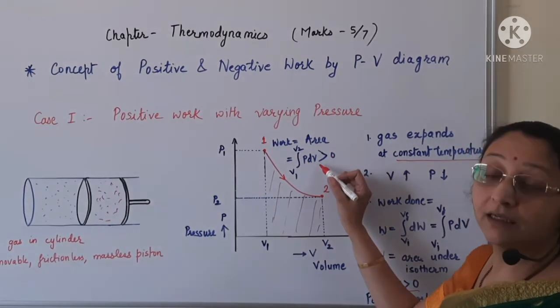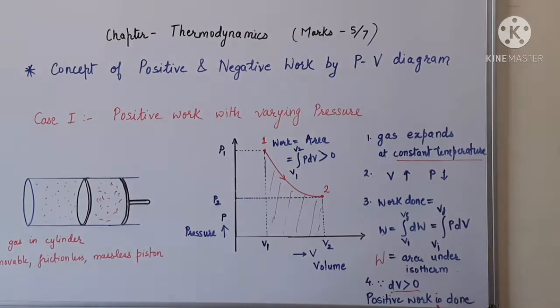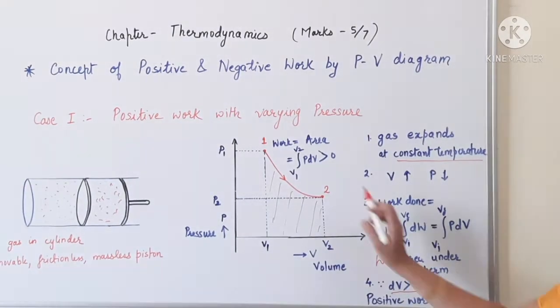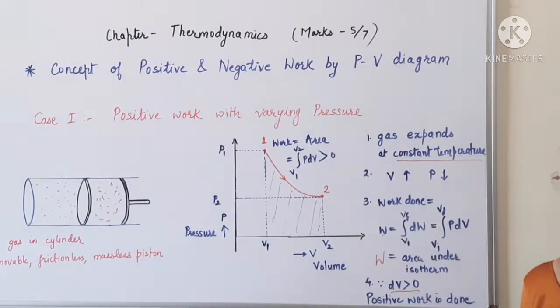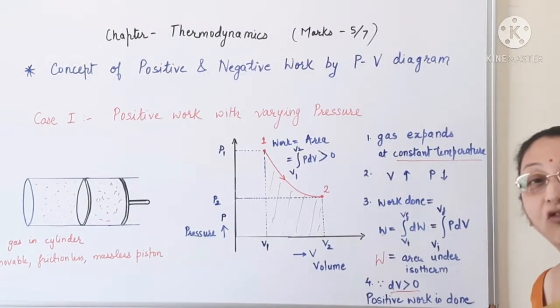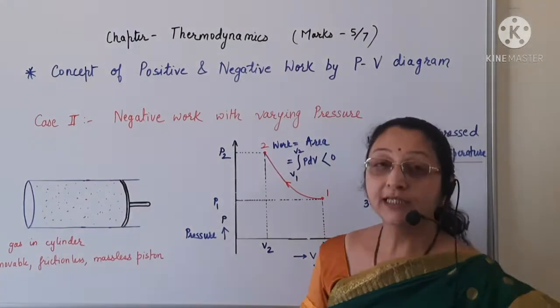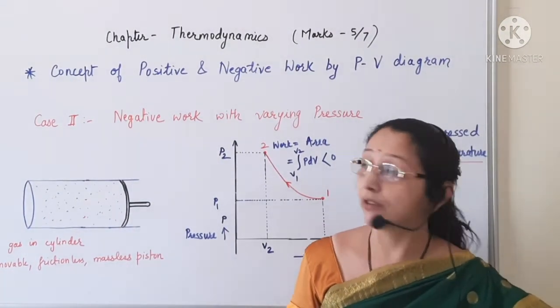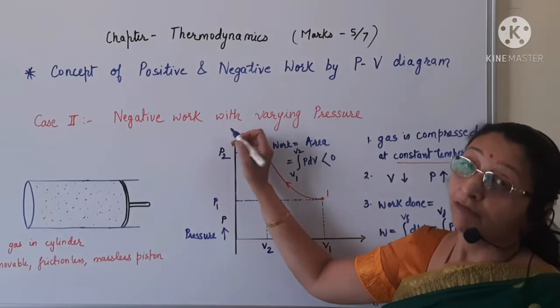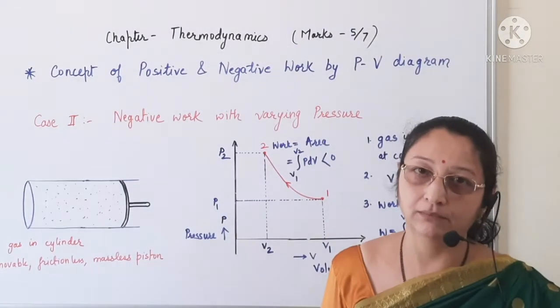This is greater than 0, and the work done in such a case when the volume of the gas increases is a positive work done. In the next case, we are going to discuss the negative work with varying pressure with the help of the PV diagram.